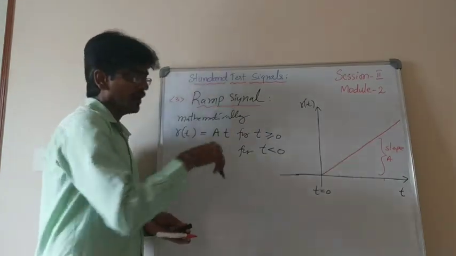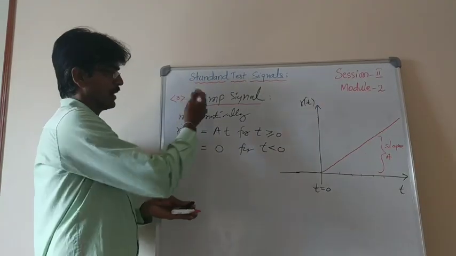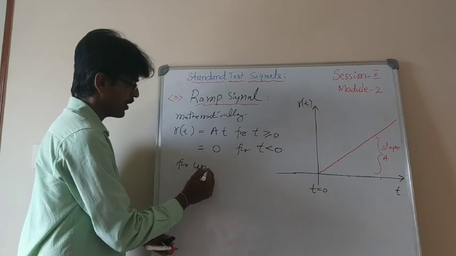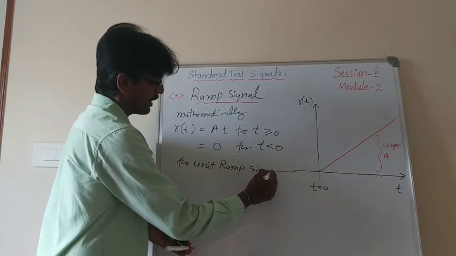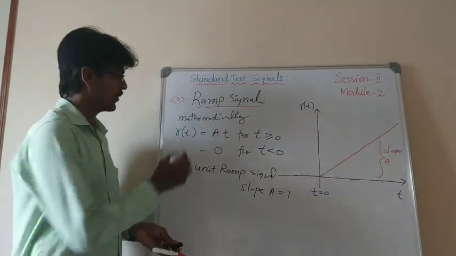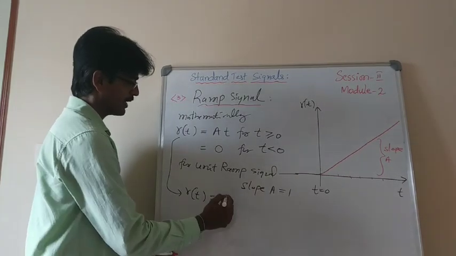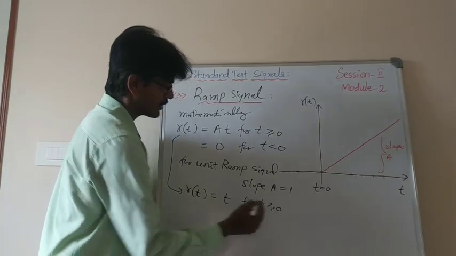Now again, as usual, let us consider the slope as 1, considering unit ramp signal. So for unit ramp signal, slope a is considered as 1. Therefore, this r of t becomes t because a is 1, for t greater than or equal to 0.